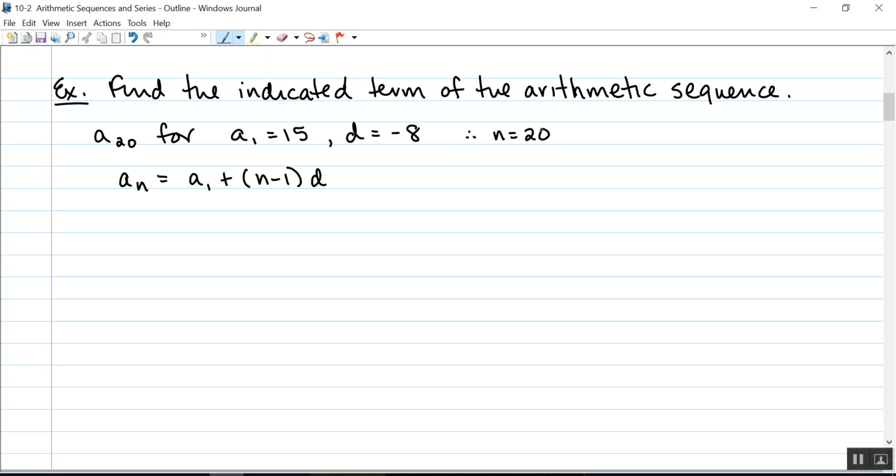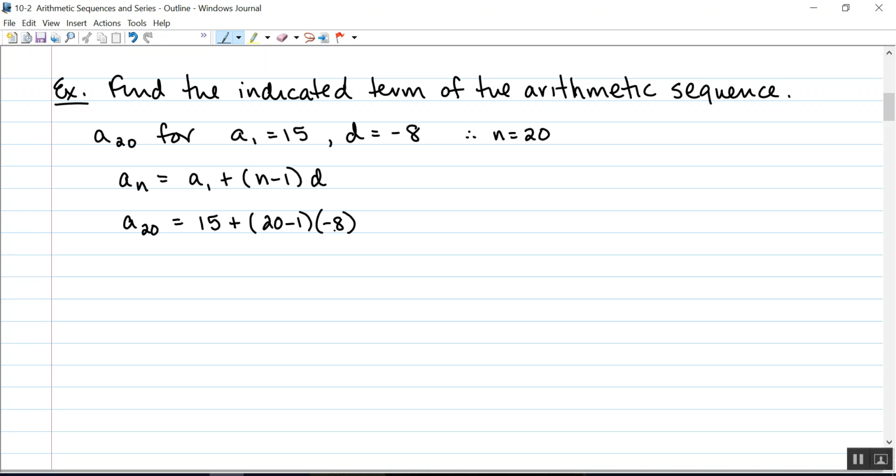And let's plug in the numbers that we know. So I need to find a sub 20. I don't know what that is, but it's going to be 15 plus n was 20 minus 1 times my common difference of negative 8. Notice that I put that negative 8 in parentheses because d is actually being multiplied by the quantity n minus 1.